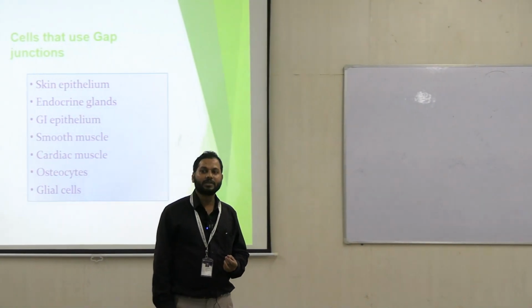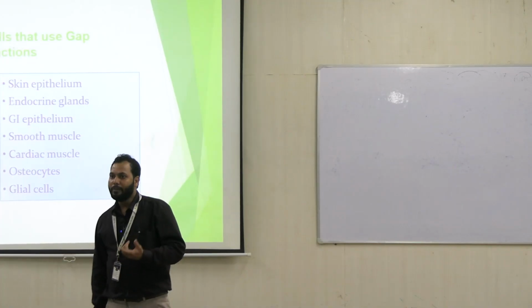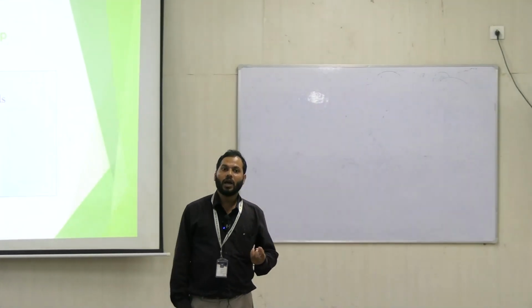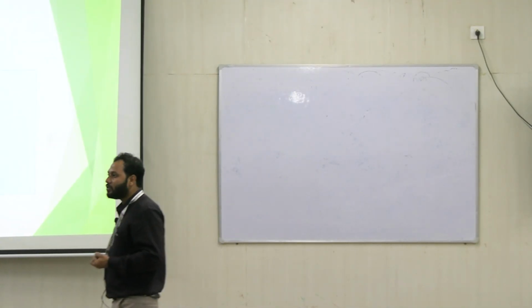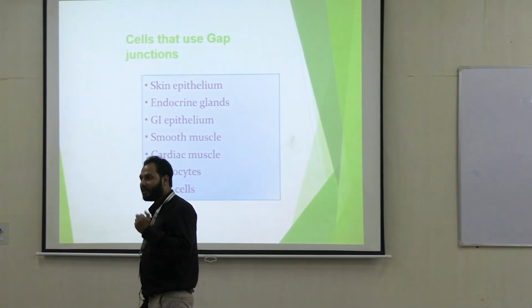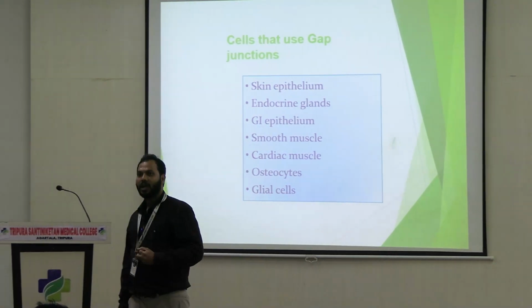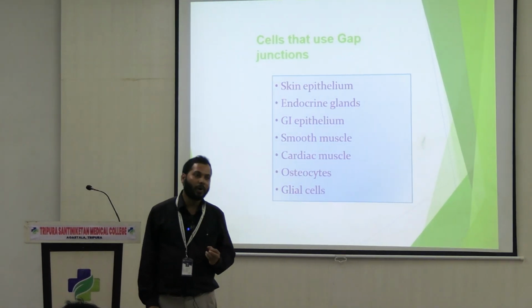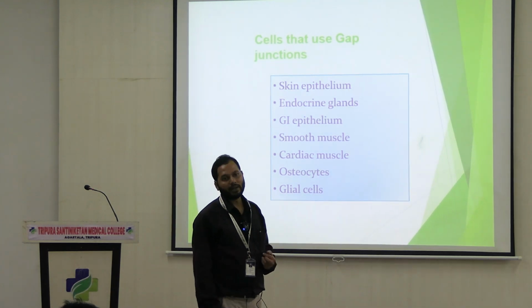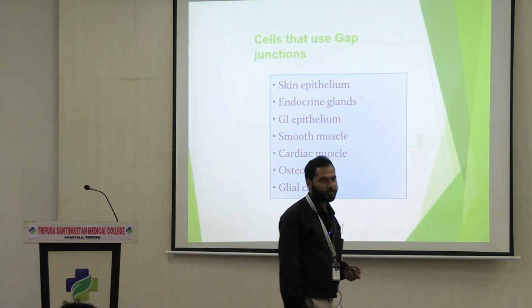Along with this, I discussed what is meant by cell adhesion molecules, what the different types are, and how these different types of cell adhesion molecules are important for the formation of different types of cell junctions. And finally, we discussed the regulatory mechanisms of tight junctions and gap junctions. That's all. Thank you.